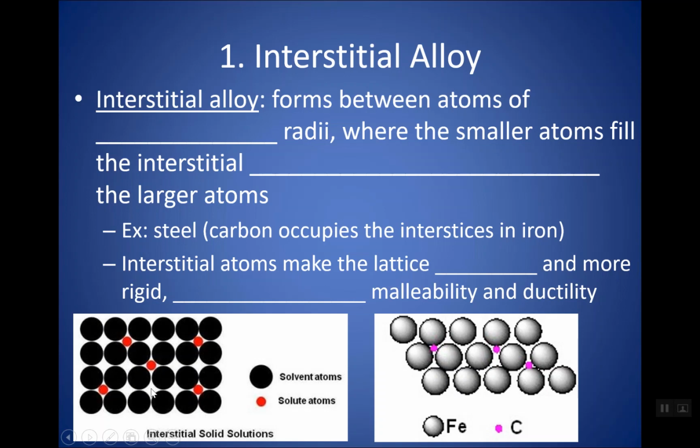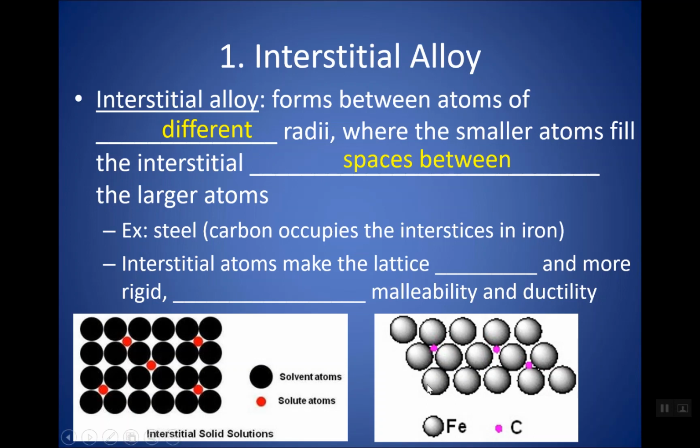We call those spaces interstitial spaces, so this is called an interstitial alloy. Again, it forms when atoms of different radii participate in the metallic bonding, so the smaller atoms fit in the interstitial spaces between the larger ones.